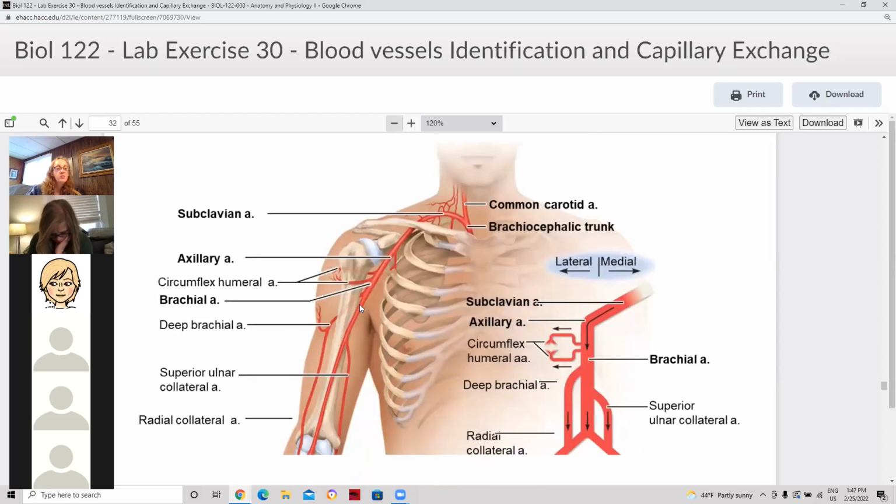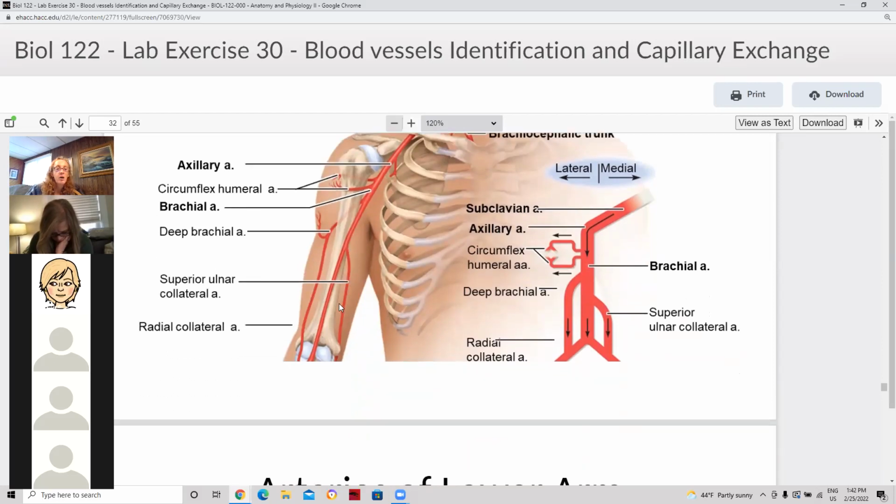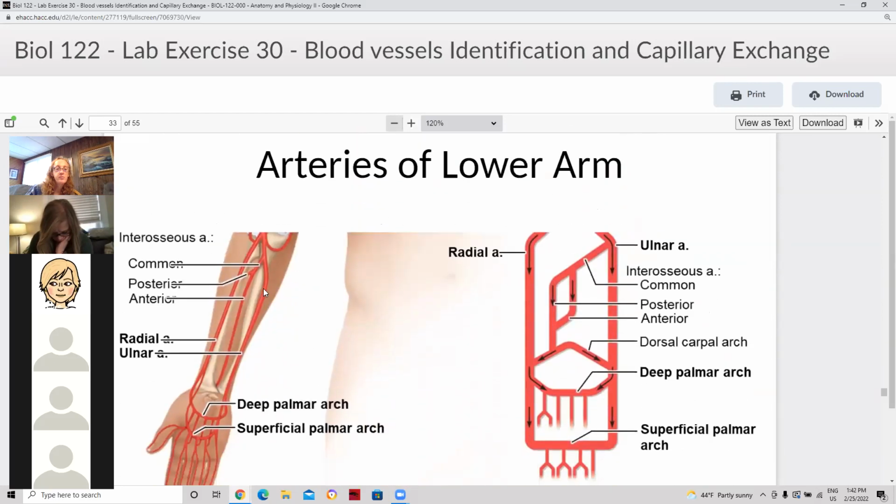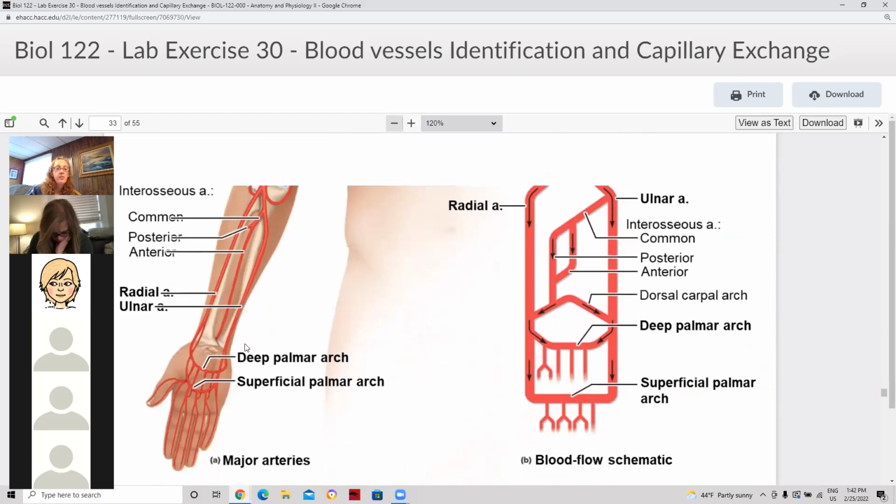Remember, circumflex always means circumference or going around something. The deep brachial artery. The radial artery, the ulnar artery, the superficial palmar arch, and the deep palmar arch.